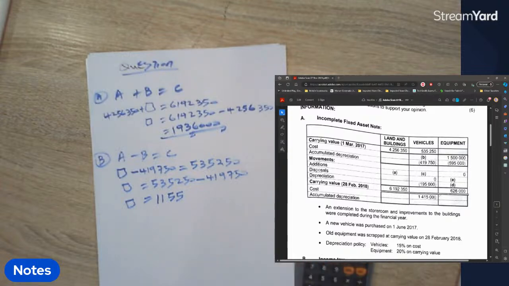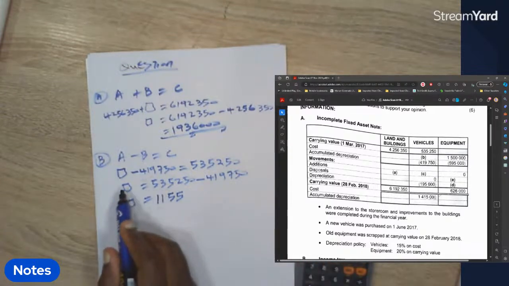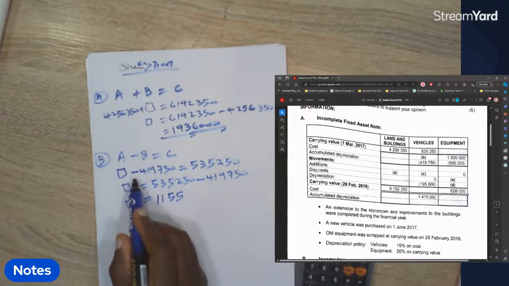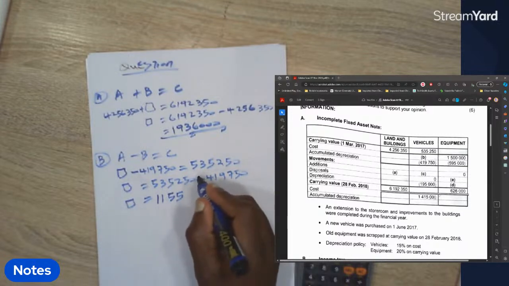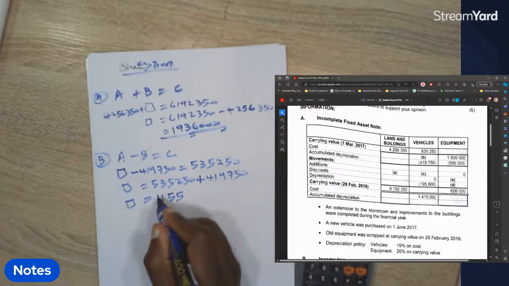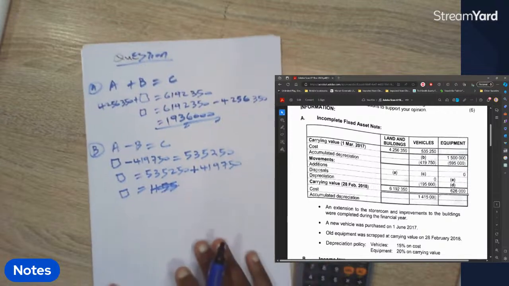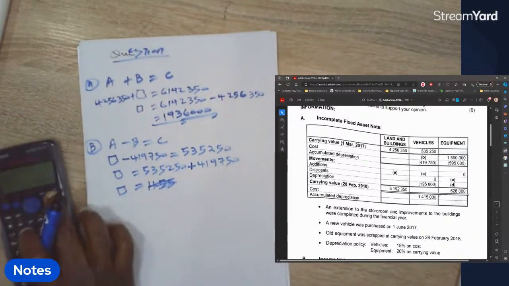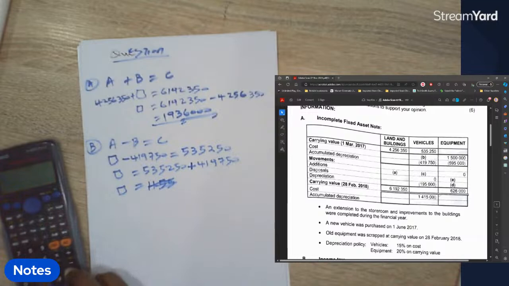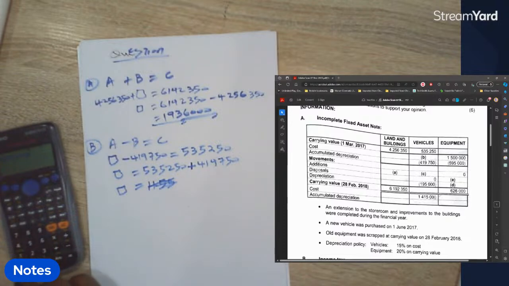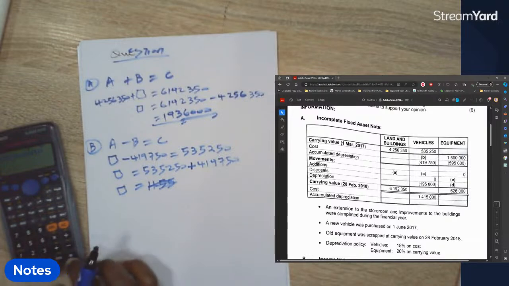Oh, sorry, the sign. Remember here it was minus, right? So as soon as we transpose, the sign is going to change, which means we have to add. Let's add there. So we have 535,250 plus 419,750.